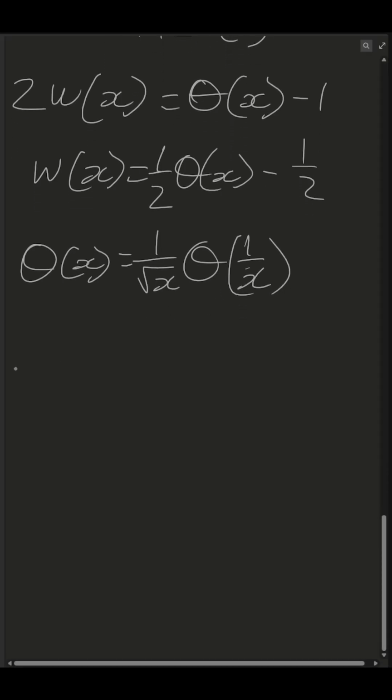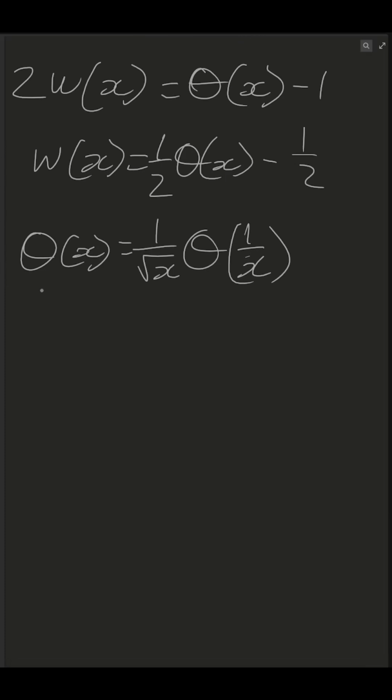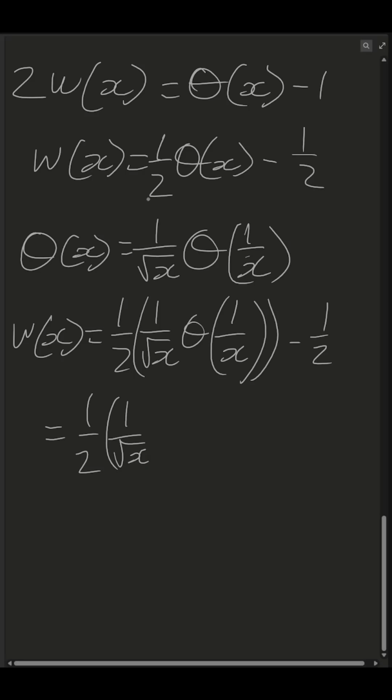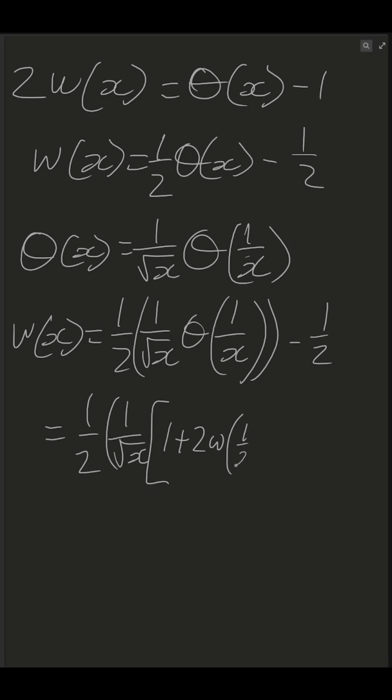So here we can say that w of x is equal to 1 over root x theta of 1 over x minus a half, which is a half times 1 over root x times 1 plus 2w of 1 over x, minus half.